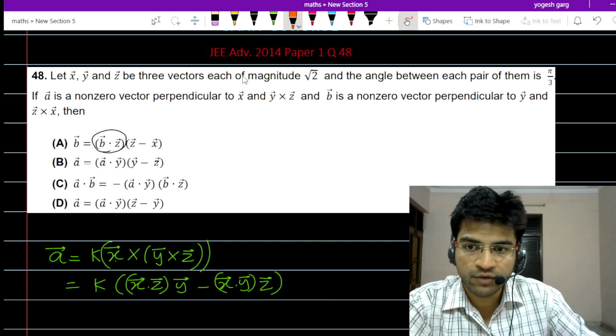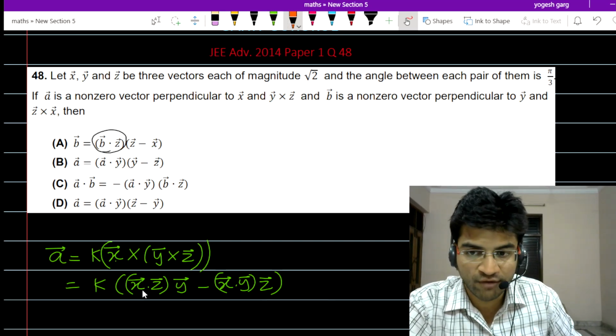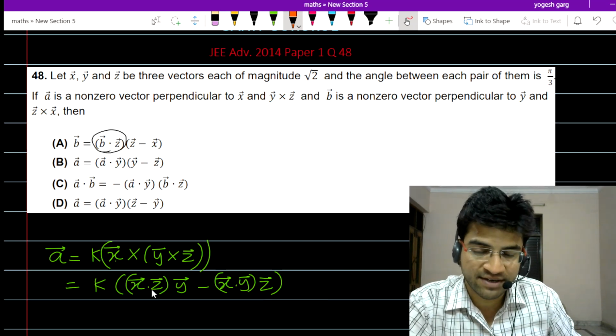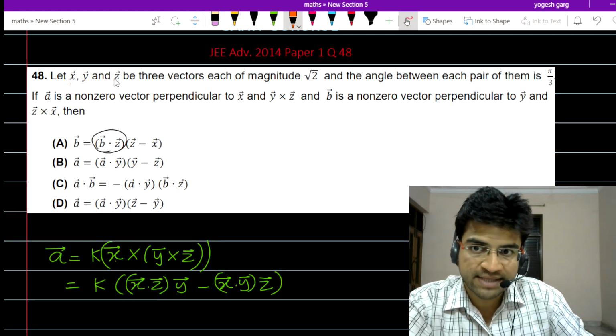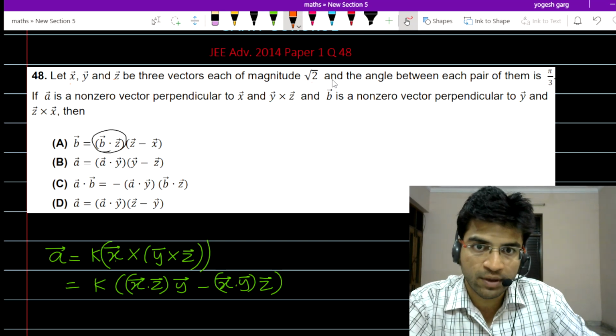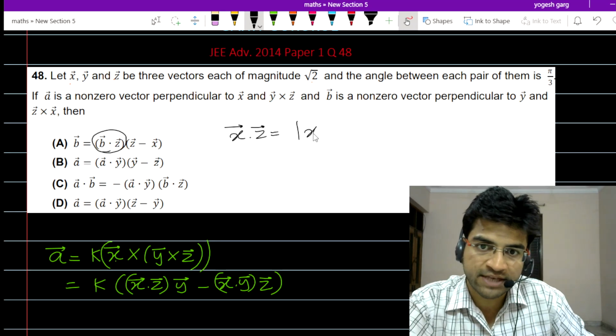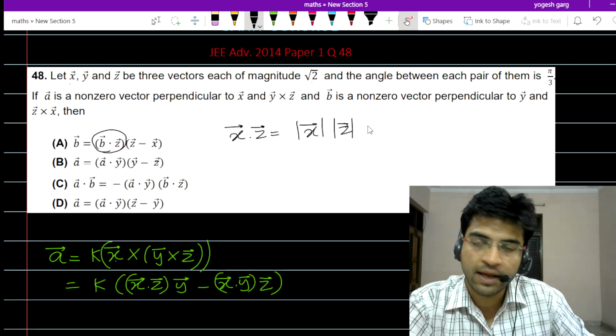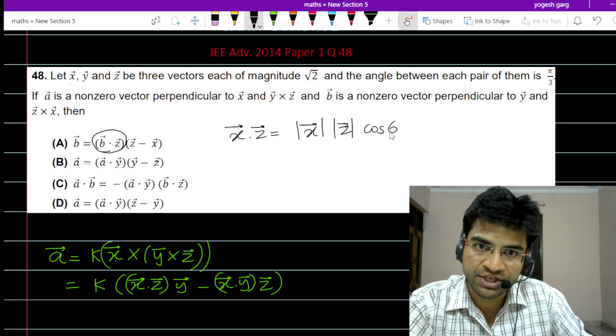Now what we can see, we can find the value of x vector dot z vector. How? x and z each have magnitude √2 and the angle between them is pi by 3. So x vector dot z vector is equal to mod x, mod z into cos pi by 3, cos 60 degrees, right?